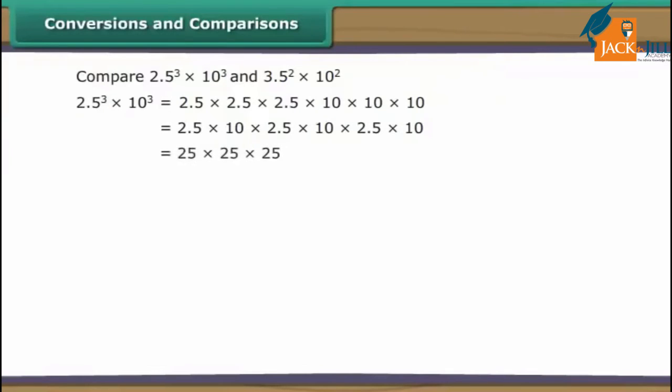We can rewrite it as 25 into 25 into 25, which is nothing but 15,625.